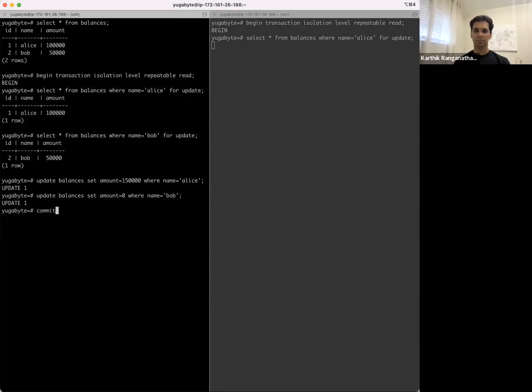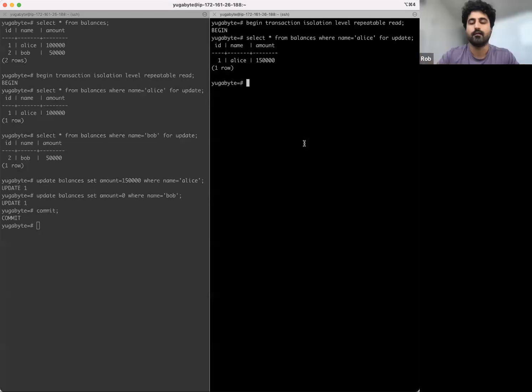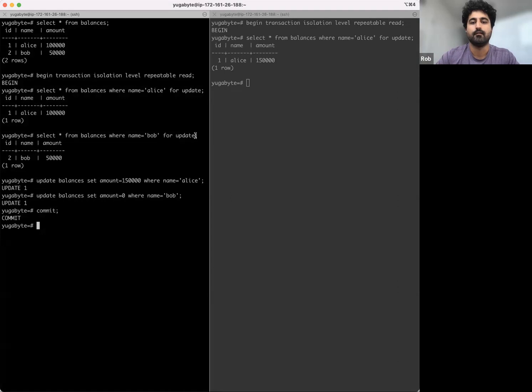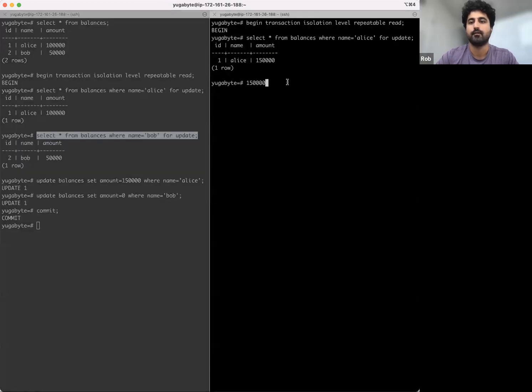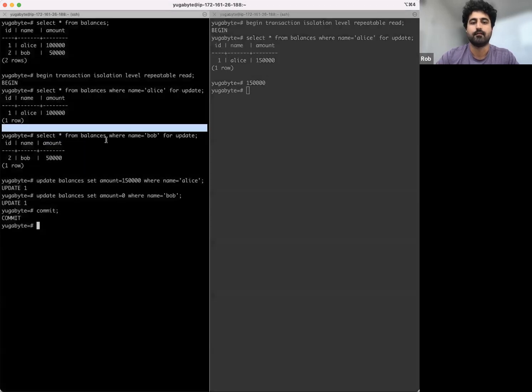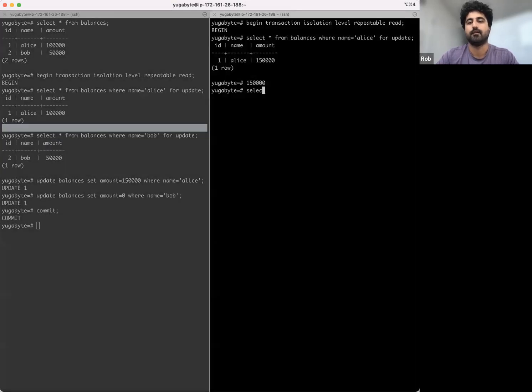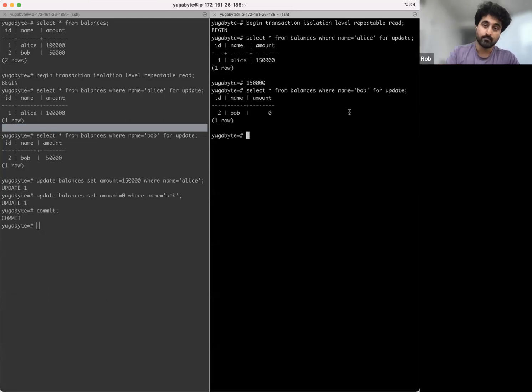Here we can commit on the left side, and in so doing, we release the right side, and we'll note that we got the right result here, 150,000, and not that. We select this, and it should work as expected as well. Got it. Yeah, so that was a bit of a rocky but hopefully useful demo.